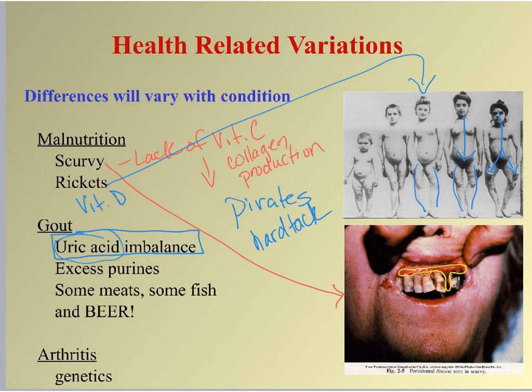And those crystals cause physical damage to your joints and cause inflammation at your joints and can be really painful. Usually gout is caused by excess purines, a component found in some types of meats, not all, some types of fish, and unfortunately in high quantities of beer.